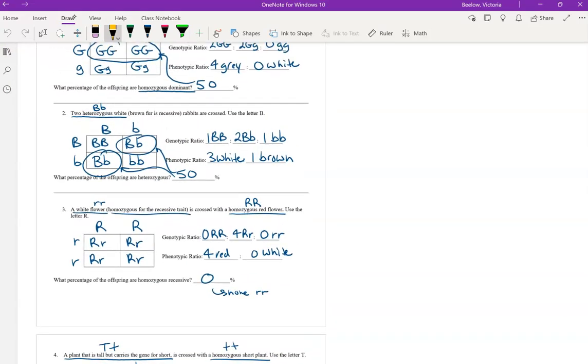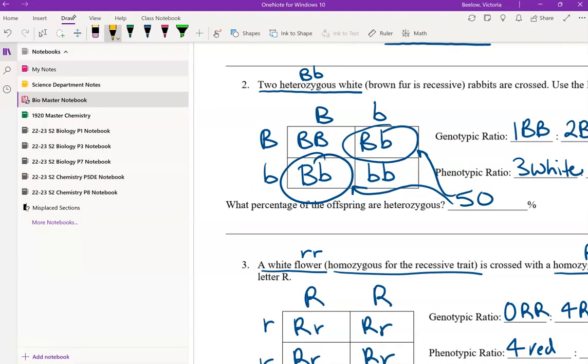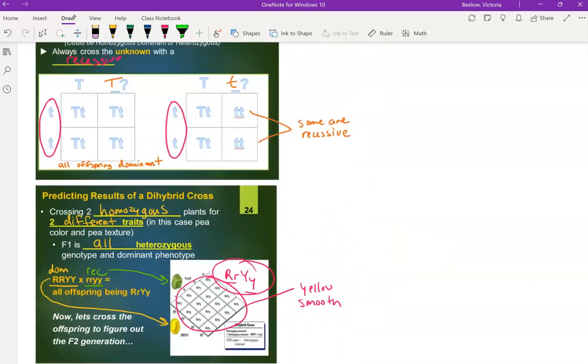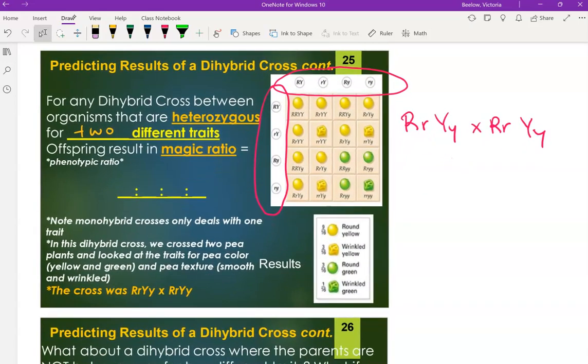Let's find it right here. You get that 1:1 and then 3:1 ratio. That's also what we saw here, 1:1, 3:1. Whenever you do the same type of cross, you're going to get the same ratio, or the same results. In this case, we're doing a cross between two organisms that are heterozygous for two different traits.